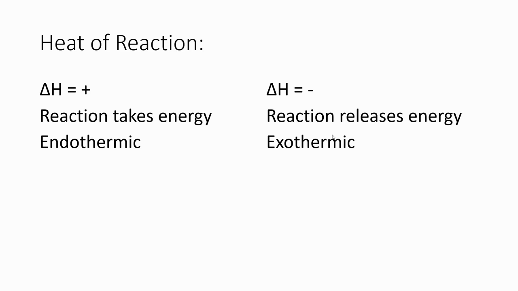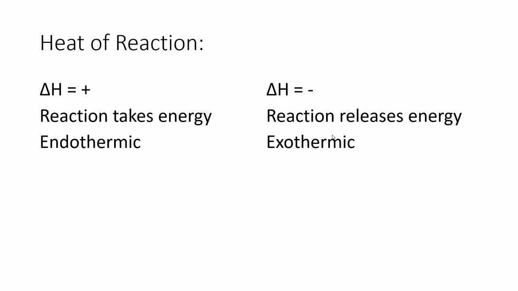When we either break bonds or form bonds in a chemical reaction, we have this delta H. That tells us the heat of reaction. That's what delta H stands for. When our delta H, our heat of reaction, is positive, that means we had to put energy in. We had to add energy to our reaction, so if we have a positive heat of reaction, then that's endothermic.